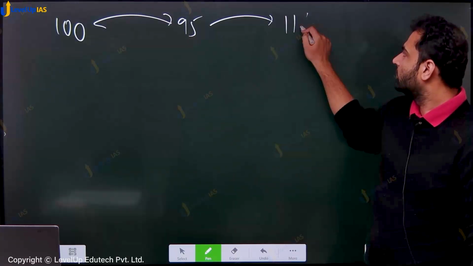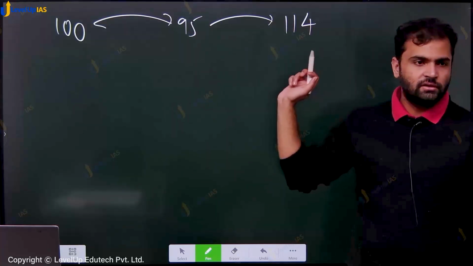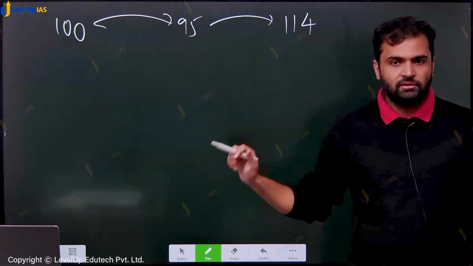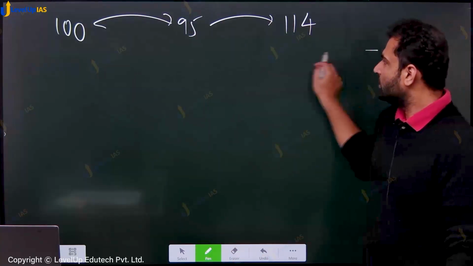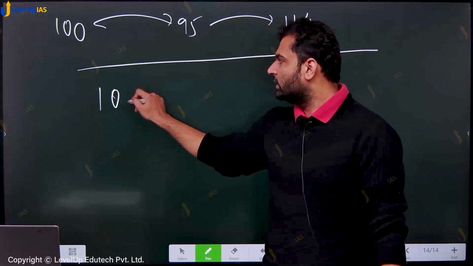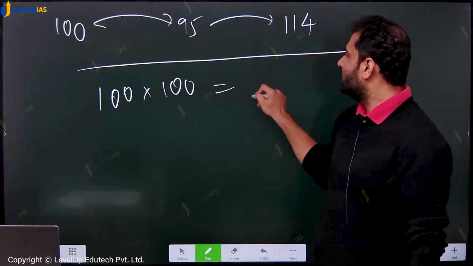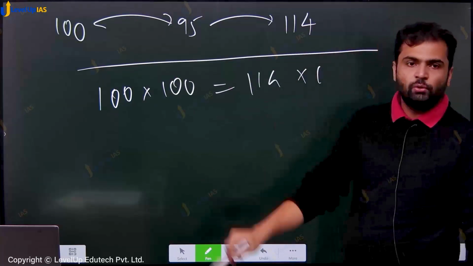So 114. So what is the net change? Price change is 14%. Now again, this was step number 1. Step number 2, we assume that initial rate was 100, initial consumption was 100, new rate becomes 114, we want to find out new consumption.